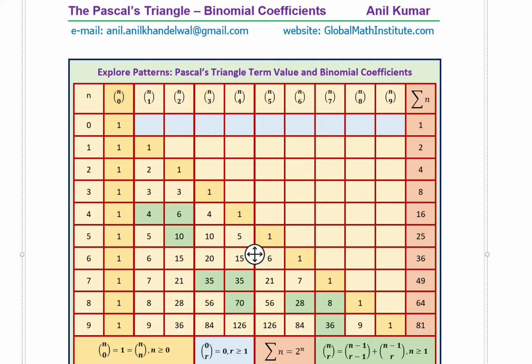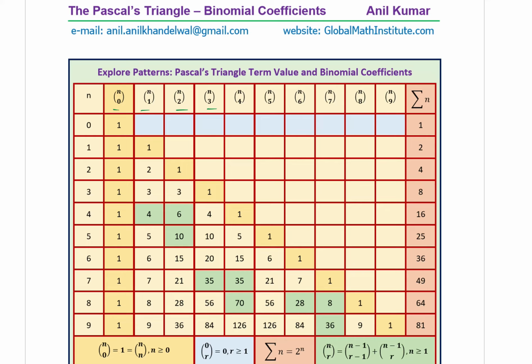So have a close look at these rows and columns. I have written the binomial coefficients in terms of the term numbers right on the top, since binomial coefficients and the term numbers have exactly the same value and they can be replaced. And so we'll keep on switching from binomial coefficients to Pascal's triangle and Pascal's triangle to binomial coefficient terms.